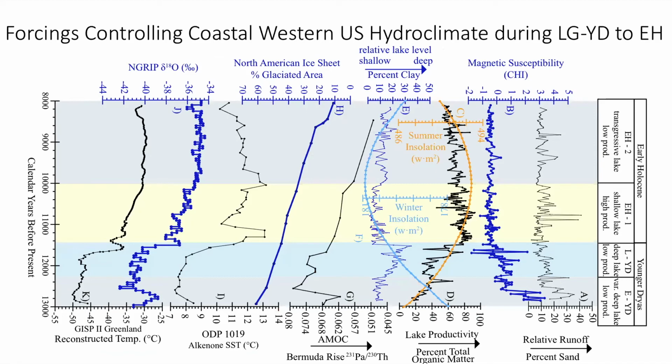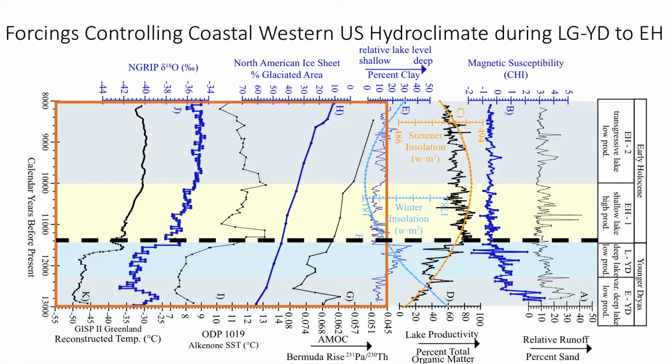To evaluate potential climate forcings, we compare our data with proxy-based and modeling studies to explain mechanisms responsible for hydroclimate variability during the late glacial, Younger Dryas to early Holocene. Trends observed in Barley Lake sediments show similarity to the GISP record, the ODP SST reconstruction record, and the stable isotopic record and the GISP2 reconstruction of temperature.